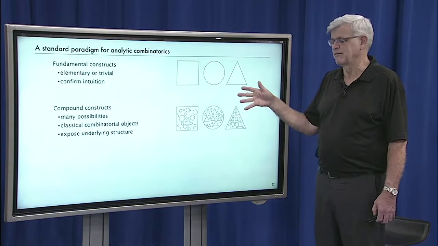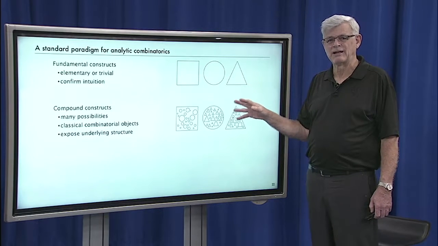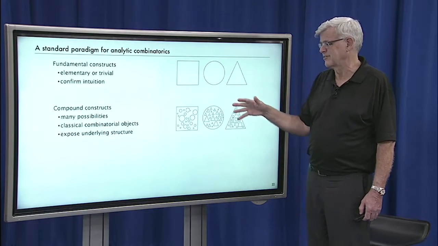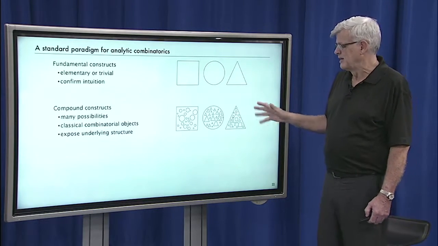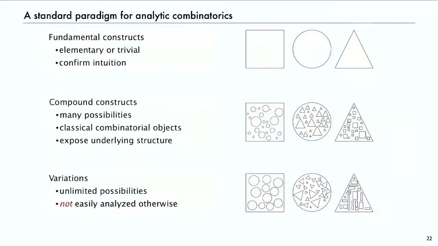And as we'll see, they give us classical combinatorial objects of all sorts and expose their underlying structure. And we can go even further with variations on the classical objects with different restrictions. And we can get quite complex combinatorial constructions that maybe we need in modeling some real-world problem, but we treat them in precisely the same way as the elementary ones.